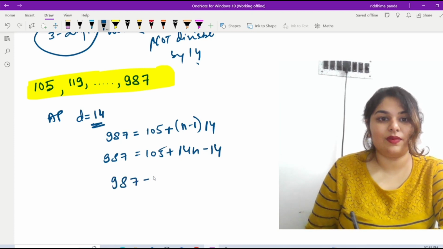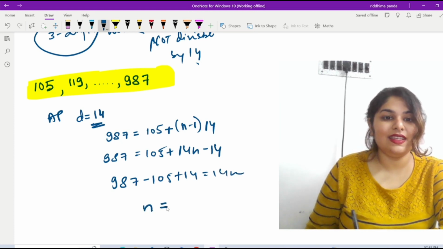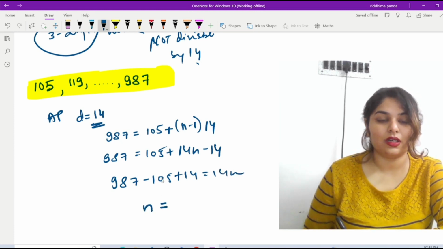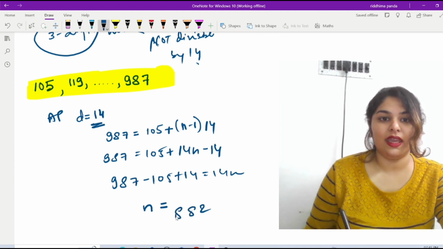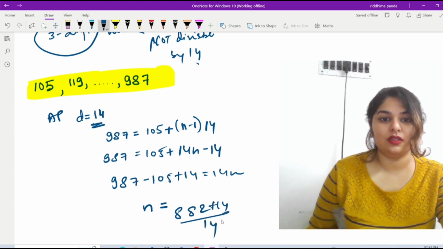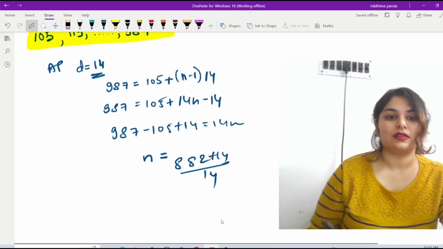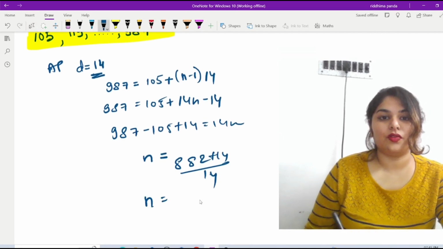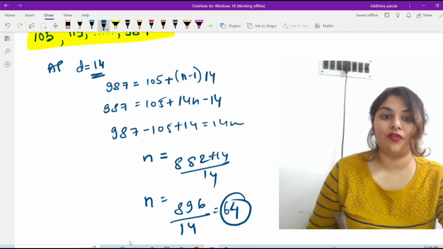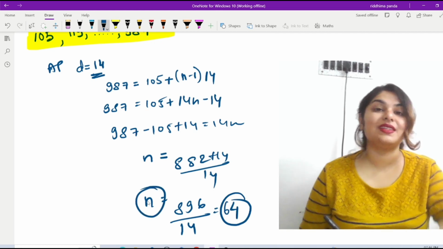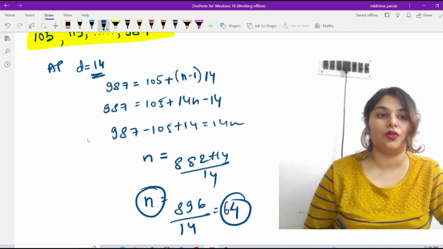That is 987 minus 105 plus 14 is equal to 14n. So n is equal to 896 by 14. That is 64. So the number of terms in this AP series with d equal to 14 is 64.